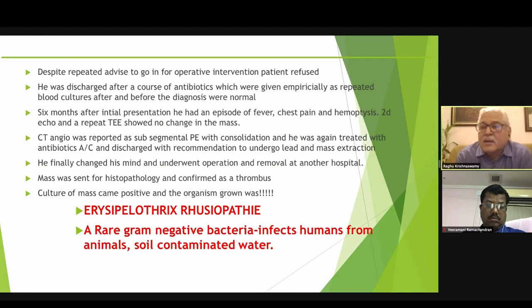As his profession was a butcher, maybe he had constant contact with meat, and soil, and water contaminated with soil, and the organism must have entered through one of the cuts or bruises that he may have suffered. So this is just to tell you that in all these cases, the pretest probability was possibly very, very low, and yet echo helped us in making a diagnosis of pulmonary embolism.